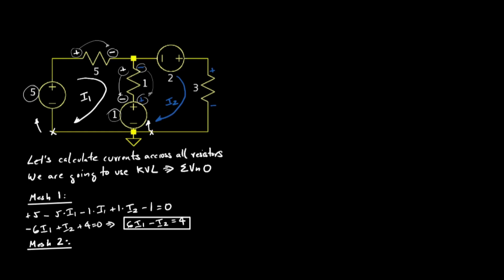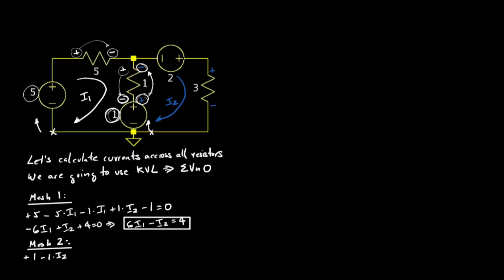I find a voltage drop because as I am going clockwise, the first sign that I find across the resistor is a positive sign, and when I continue going around the mesh, I find a negative polarity. So this is a voltage drop across the 5 ohm resistor, so I write minus 5 times I1.